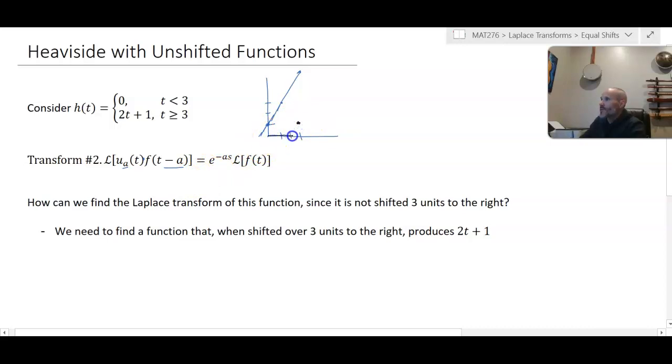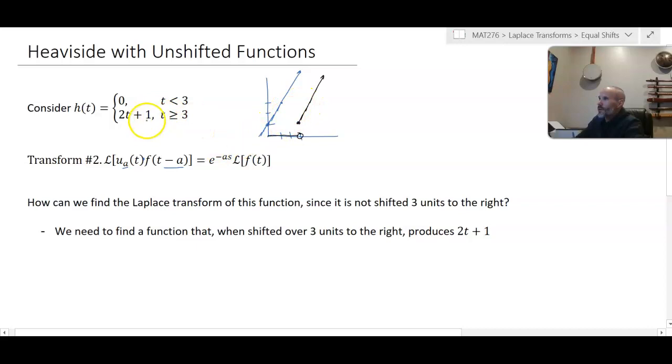We'd have a 0 function up until that point, and then it would start at its vertical intercept. So essentially we could think about t equals 3 as sort of an artificial vertical axis, because we would normally want this function to just turn on here and go from there, at our vertical intercept point.